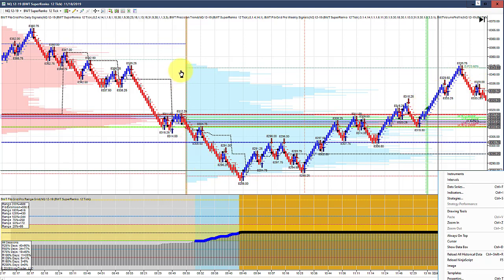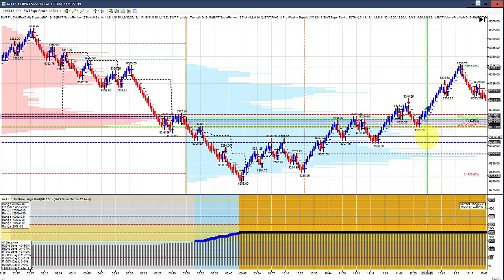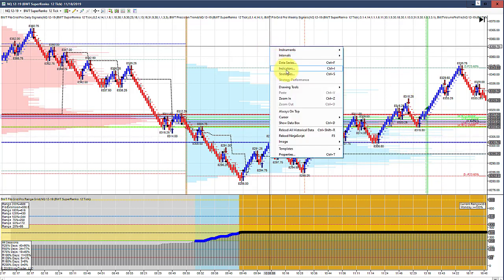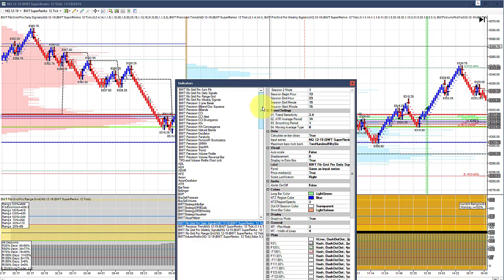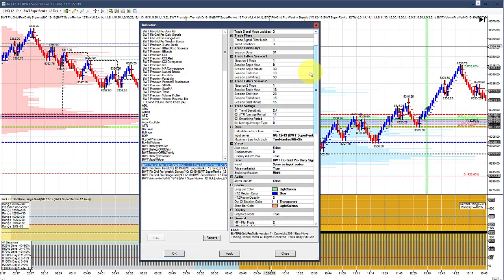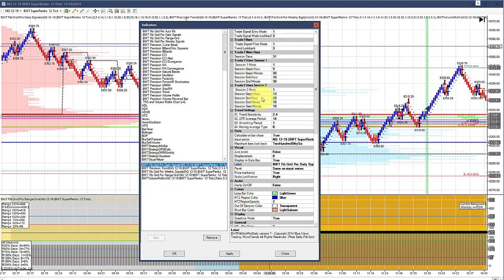But these are signals on the fib grid. This is a sell signal here right off the open, pretty good signal here, and then there was another signal here in the second part of the day. And the cool thing about fib grid is you can set the indicator to give these signals at certain times during the day.